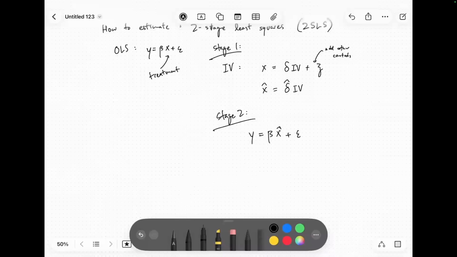It may have a lower R squared. It may predict outcomes worse than if you were to just run our original OLS. And that's the price we pay for trying to implement some of these causal models, right?